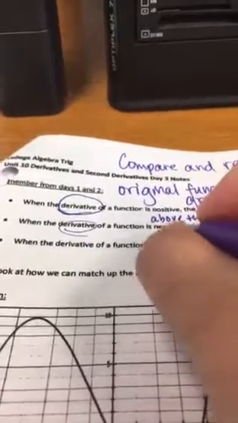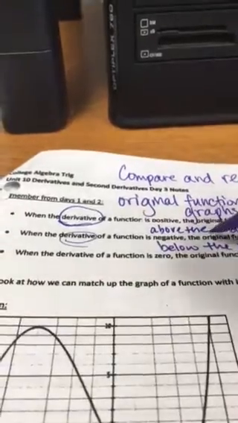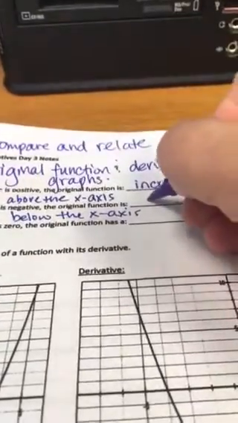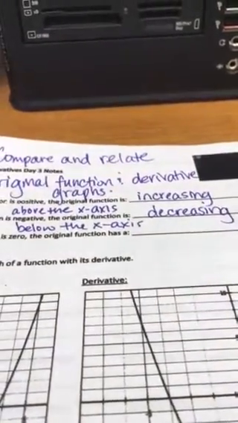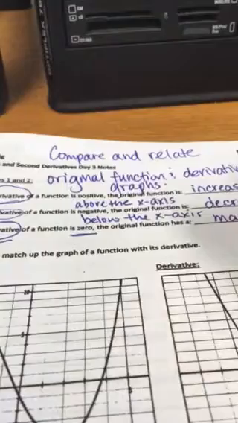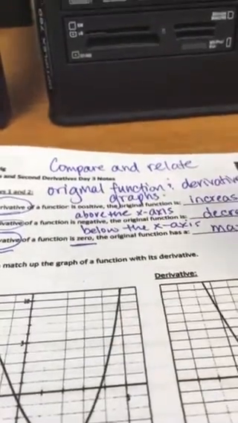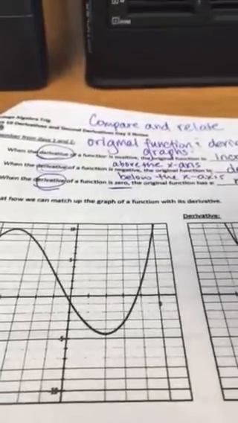When the derivative is negative, or below the x-axis, we know the original function is decreasing. And when the derivative of the function is 0, the original function had a max or min. So we can take it from the derivative back to the original, or from the original to the derivative. Either way we do it.